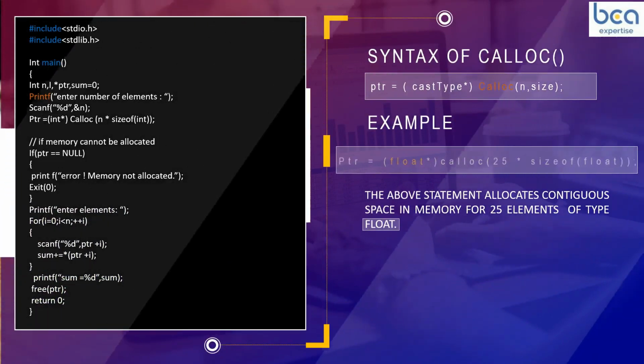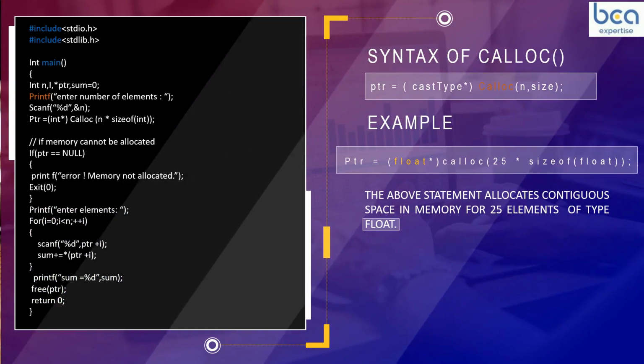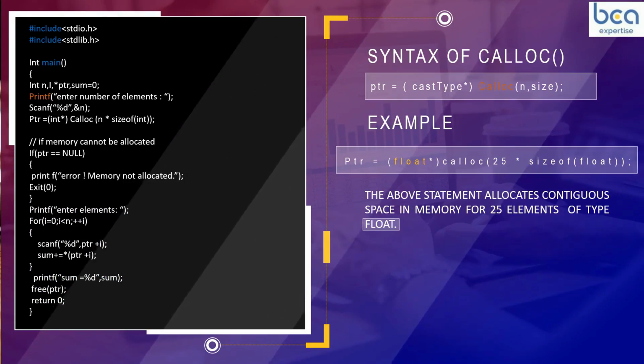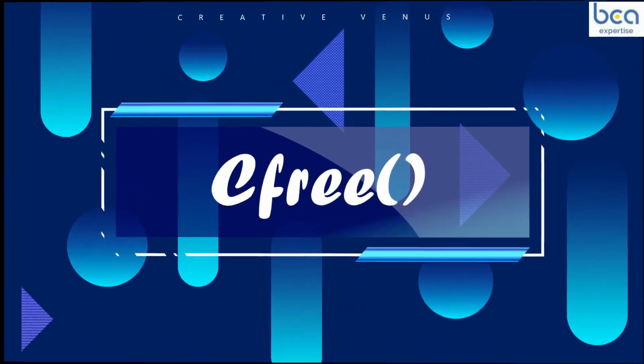Example, ptr = (float *) calloc(25, sizeof(float)). The above example allocates contiguous space in memory for 25 elements of type float.